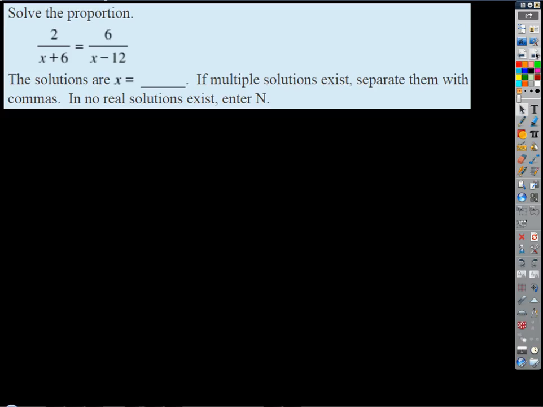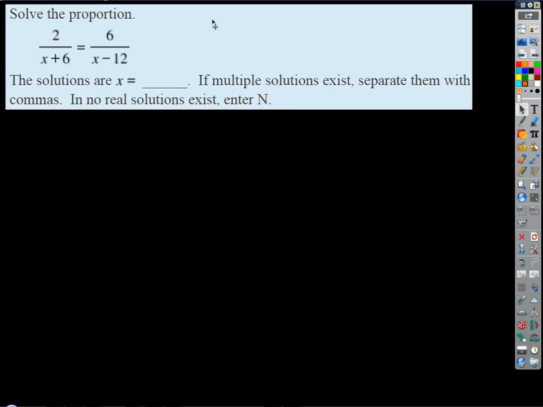My least common denominator, does everybody see that the LCD of x plus 6 and x minus 12 is the product, x plus 6 times x minus 12, right? They don't share any factors, right? So I could multiply both sides through by my LCD.